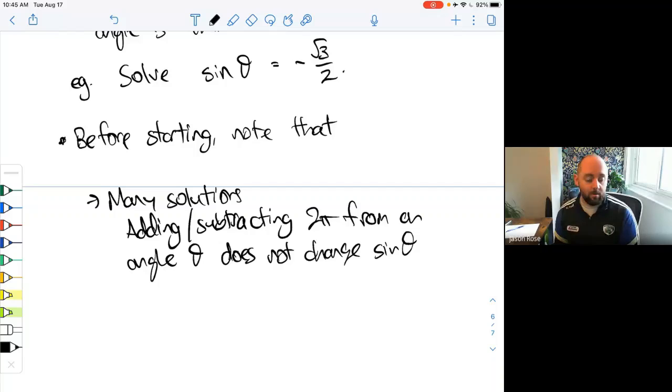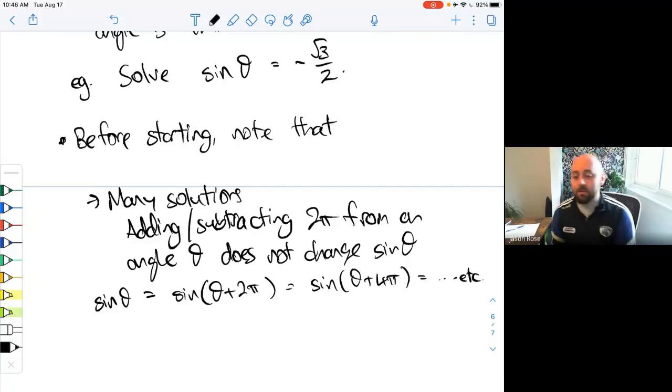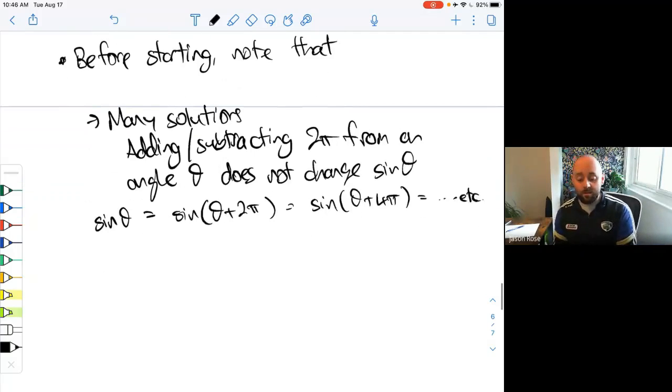So once I find an angle theta that works, adding or subtracting 2 pi doesn't change it. So sine theta is the same as sine of theta plus 2 pi. That's the same as sine of theta plus 4 pi, etc. So there's going to be lots and lots of solutions.